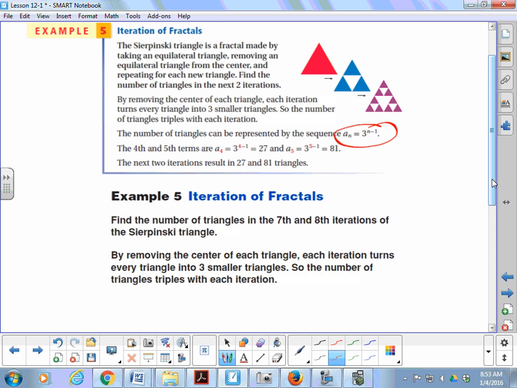If we had a computer, we could probably do it. But drawing them by hand is difficult. That's why it's important to be able to figure out the formula for doing them. In this case, if we did the 7th and 8th iterations, we would end up with quite a few triangles. And this is definitely another one where just using that last answer feature on your calculator works.